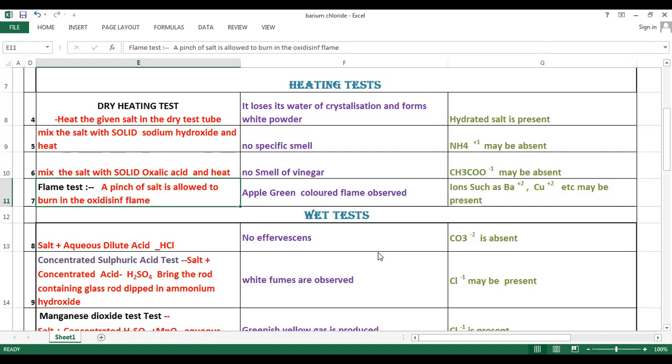Yes, my dear students, we get the flame. You have seen that we get a green flame. You can easily observe the green flame. This is how we can easily understand the flame for our salt.